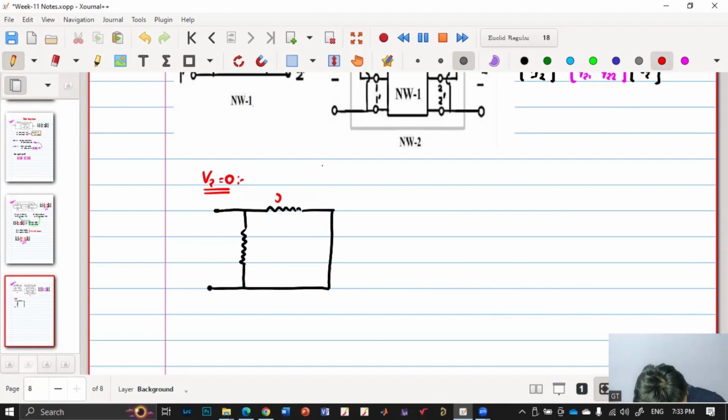So this is our 0.25 and this is our I2. This is our plus minus V1. This is my I1 and this is my 0.2 ohms.